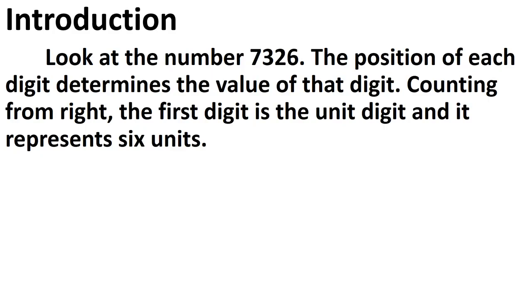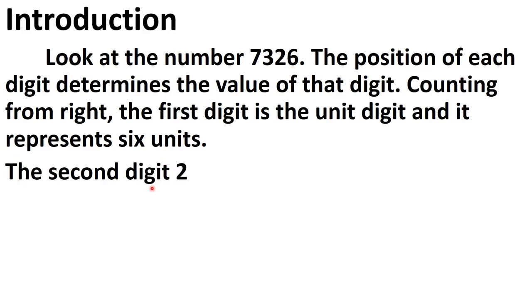We always start our counting of places from the right hand side. So in this number, 7326, you can see that the first place is 6. This is called the unit place or ones place.